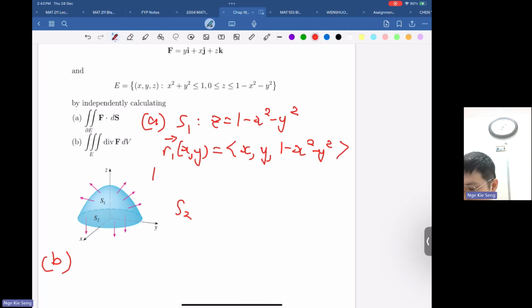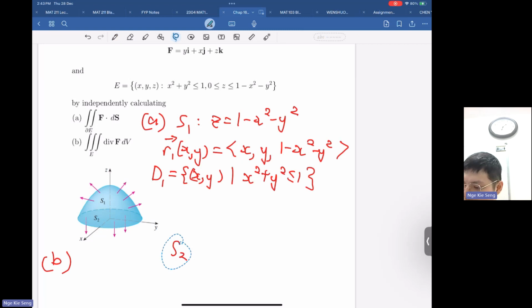And then what's the domain we use here? We should bound x, y using the unit disk. But if we're going to do integration, it is useful to turn this into polar coordinates.